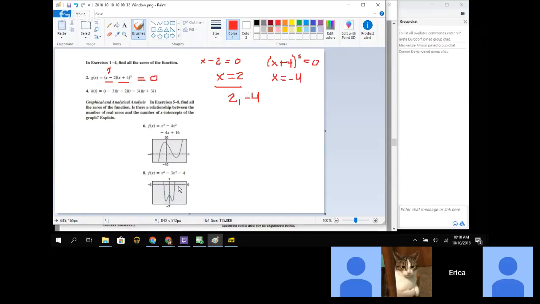One of the things I did want to mention, let me double check, make sure I tell you the right thing, is that negative 4 actually is a zero that happens 3 different times. Because this is a cubed factor, this root has a multiplicity of 3.